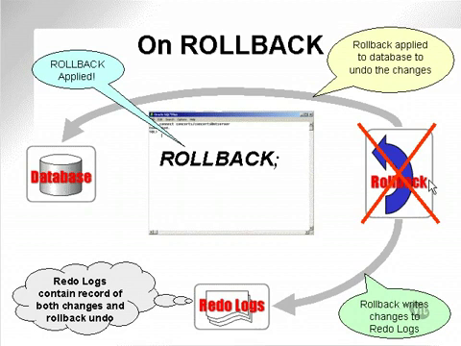Additionally, rollback will actually write the undo changes to the redo logs. So the redo logs will now contain a record of both the initial data changes by the SQL command plus the undo changes from the rollback command.